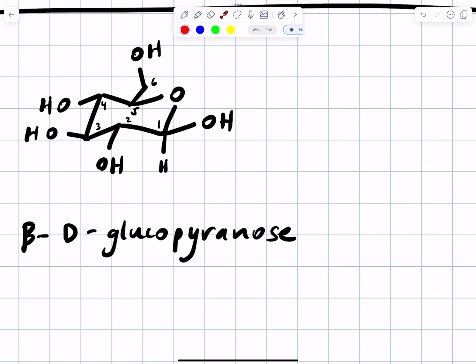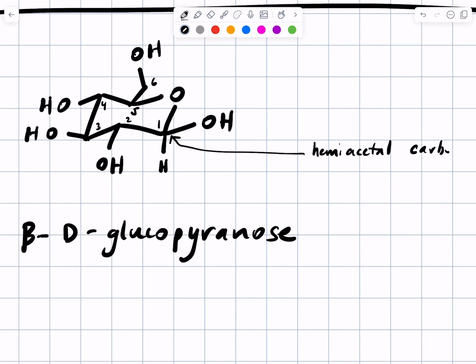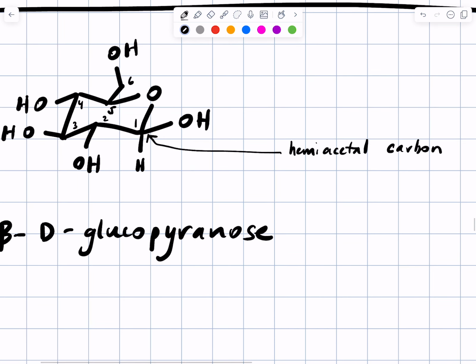We've called carbon number 1 the hemiacetal carbon before. That's fine, but carbohydrate chemists have another word for that, which you should be aware of. It is also called the anomeric carbon. I don't know the origin of that word.